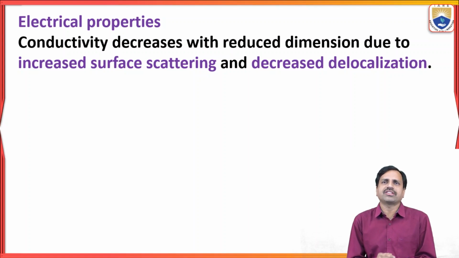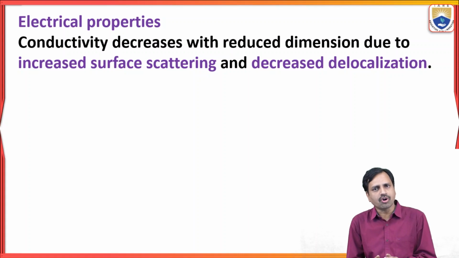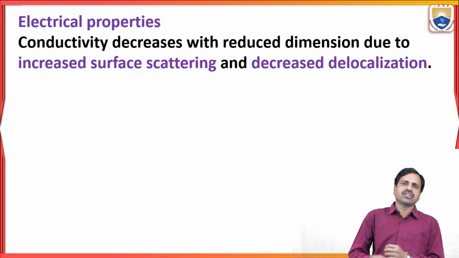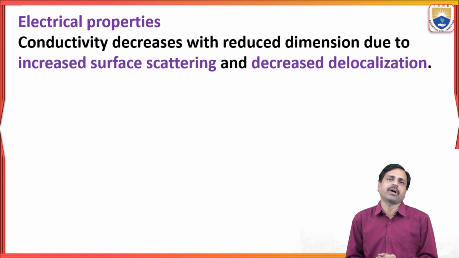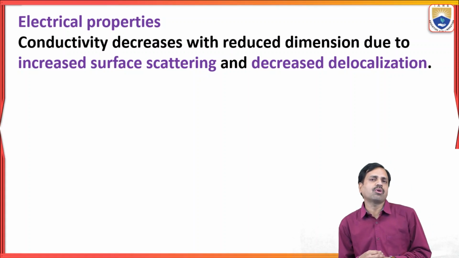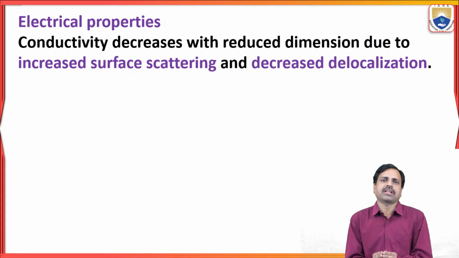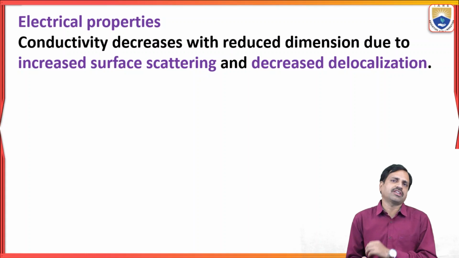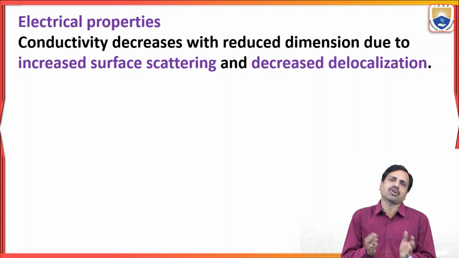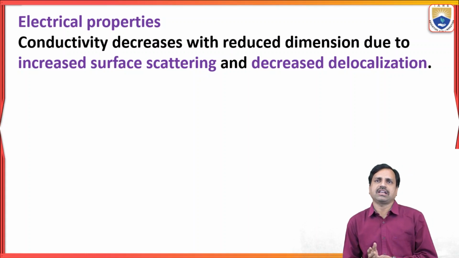The conductivity is because of the delocalization of the electrons moving on the surface. So when we bring the particle down to a very small size, the delocalization decreases, and this automatically decreases the electrical conductivity.